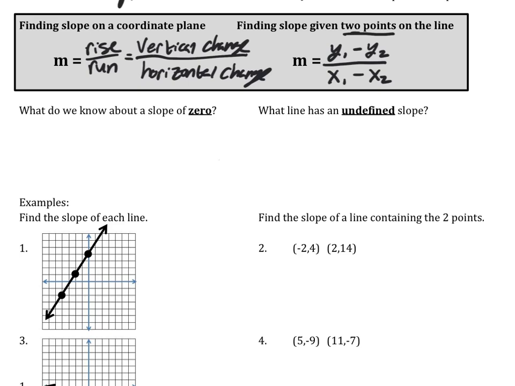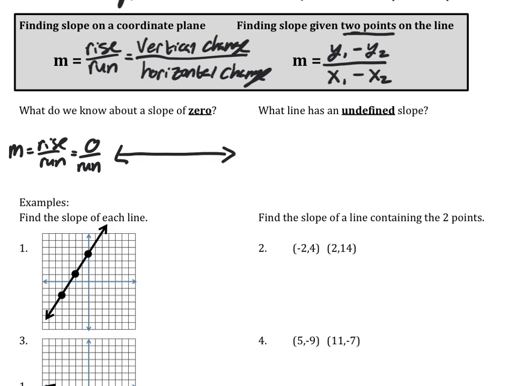Well, when we have a slope of 0, that's going to mean that if we're thinking about our rise over our run, and we want this to be 0, that means we want our numerator to be 0. So that means I have no vertical change, but I still have my run or my horizontal change.